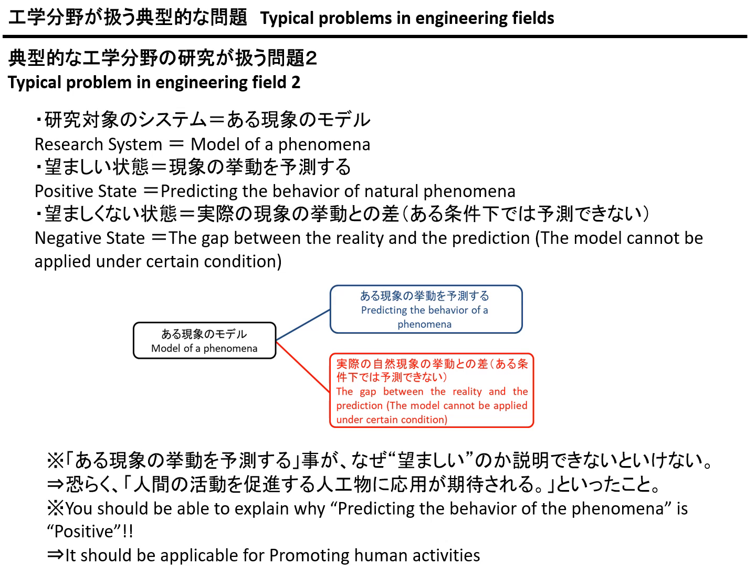But what I would like to stress here is that in such a case, if you think you are doing such kind of research activity, your research system must be a model of phenomena, right?